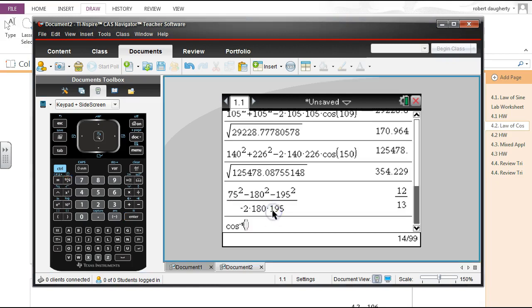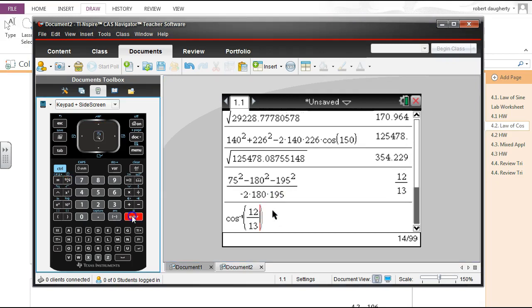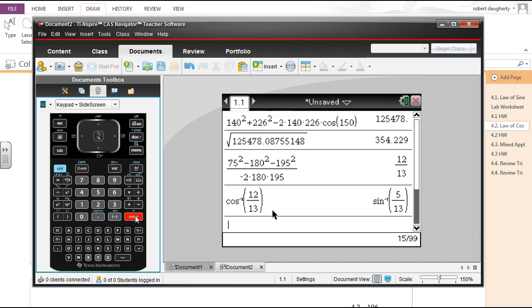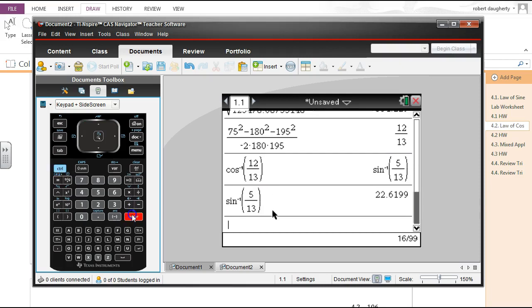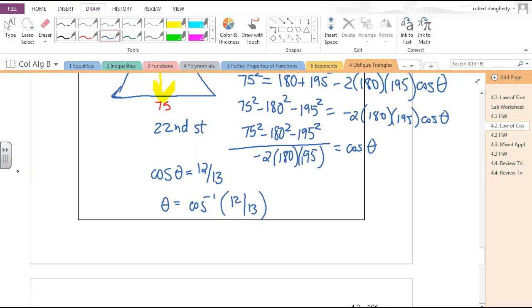Inverse cosine. Recall that number right there. And I get, let me get the approximate, 22.6. What is the closest degree for that? 23 degrees. So this is 23 degrees. That is the angle.